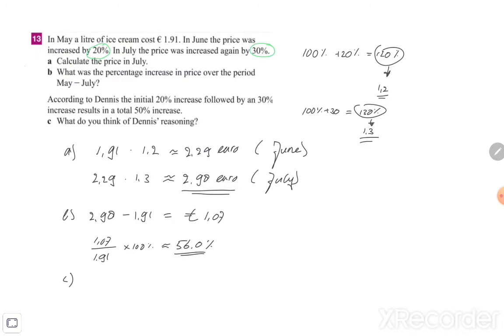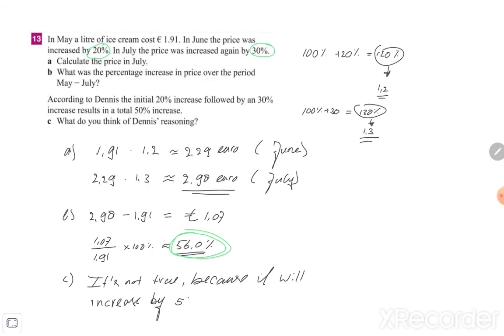But that's not true, because we just explained in exercise B that it increased by 56%. So you can say that's not true, because it will increase by 56.0%. Yeah, exercise B.